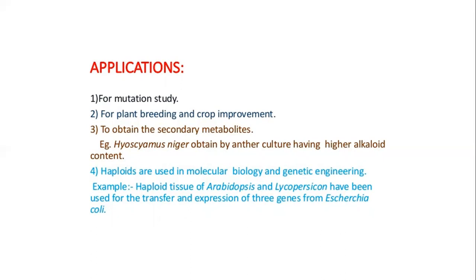Haploids are used in molecular biology and genetic engineering. In haploid tissue culture, Arabidopsis and Lycopersicon, that is tomato, have been used for the transfer and expression of genes from E. coli. Those are already proven. So these are the applications.